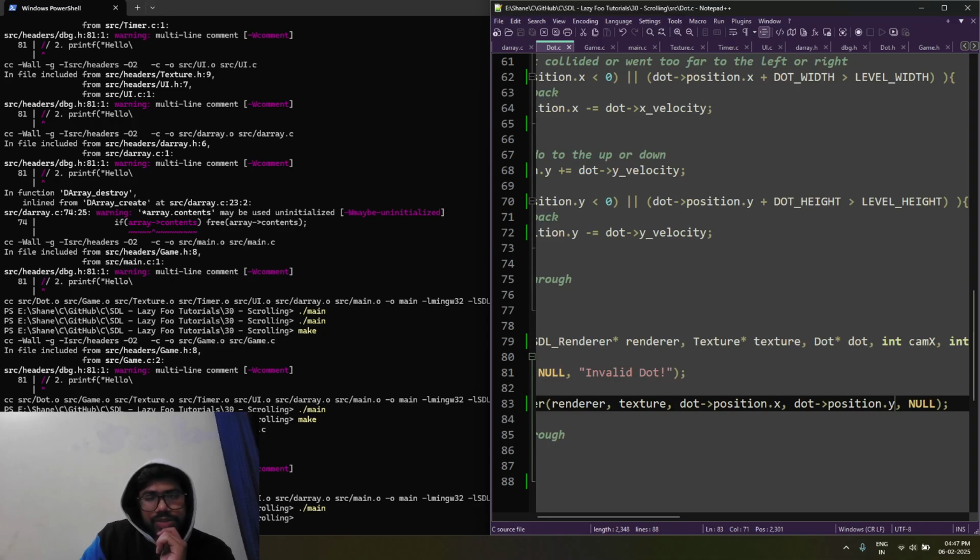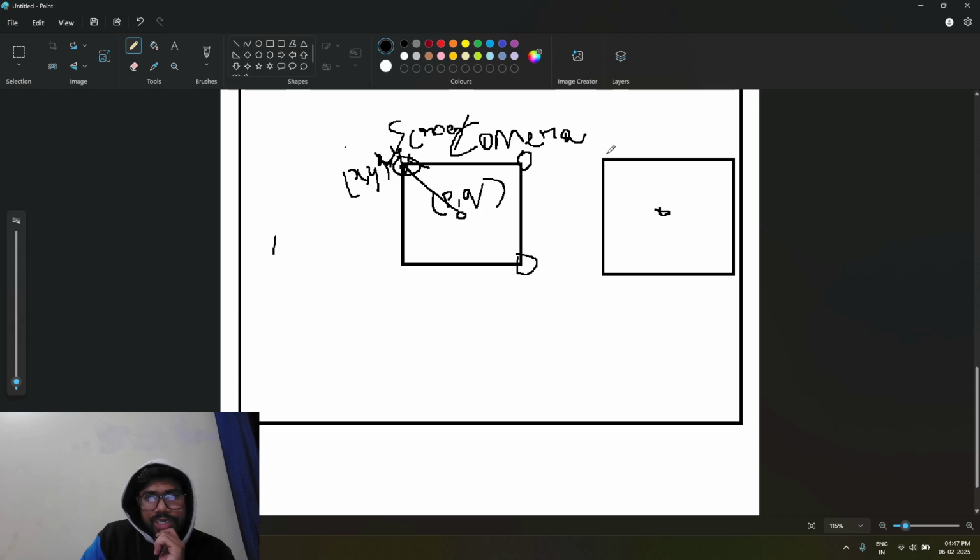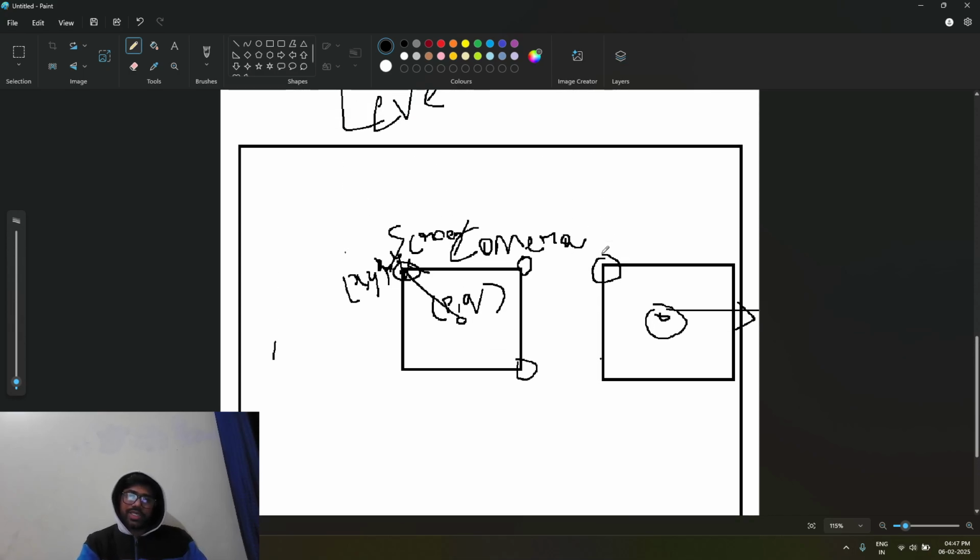But what about the case where my camera cannot move past here? Then how is it that my dot can come to this end of the level, right?